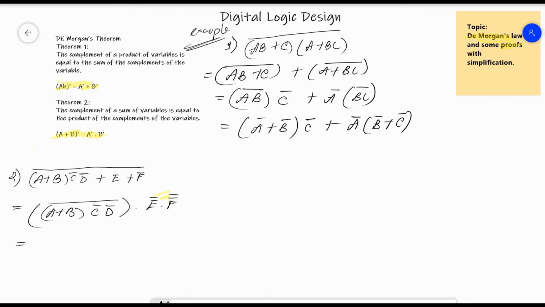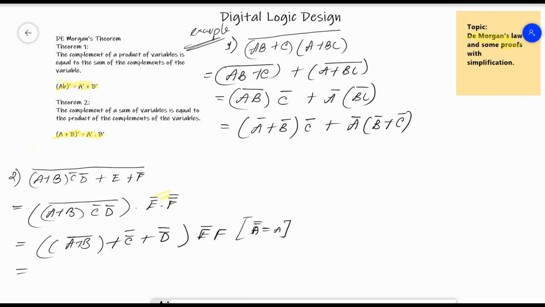Now we can again rewrite it as (a plus b) bar plus c double bar plus d double bar, into, outside we have e bar and f, because if we remember from the basic rules, f double bar is equal to f from this rule.